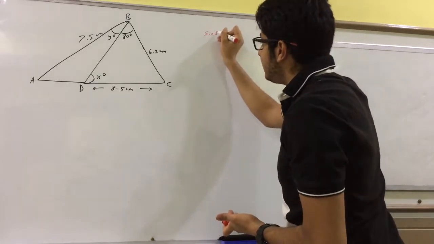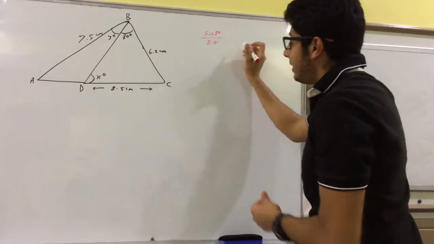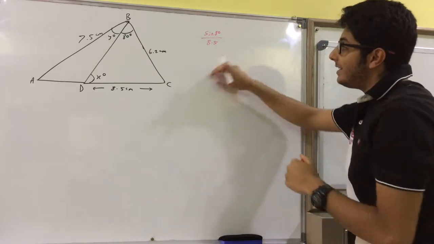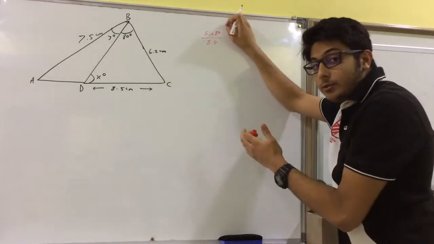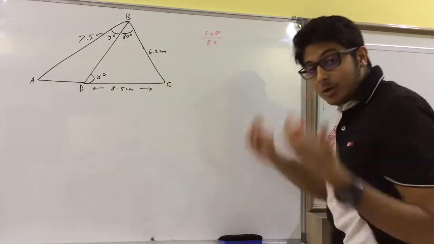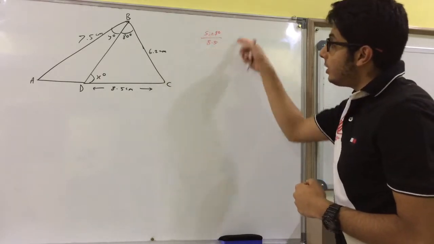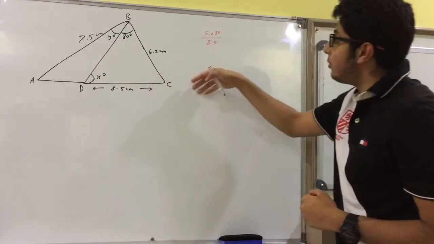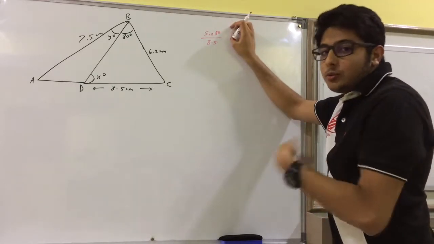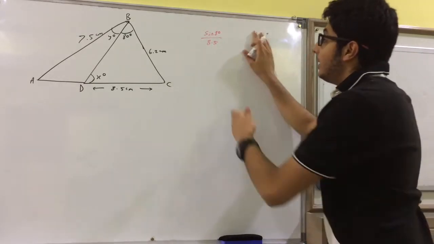So sine of 80 degrees over its opposite side, 8.5. Now in this type of question, I'm putting the sine of the angle as the numerator and its opposite side is the denominator. Whereas in the previous question, I did the opposite. For this question, when I'm finding angles, I put the angles on the numerator because it's easier to rearrange. Okay? And you'll see soon.